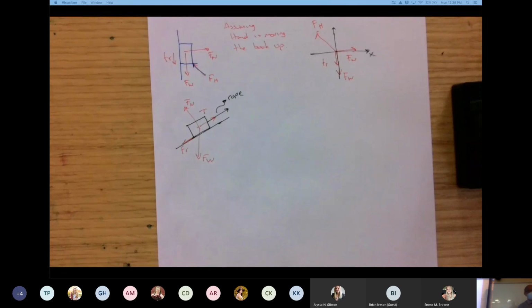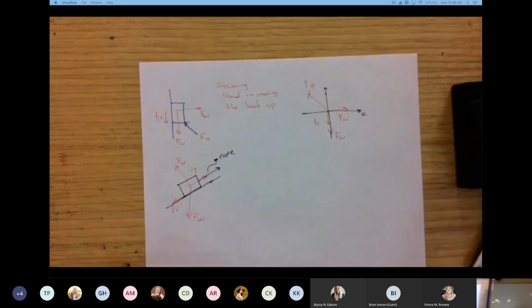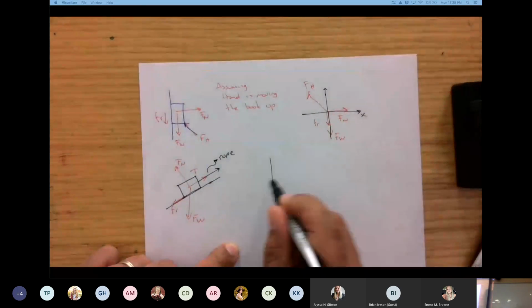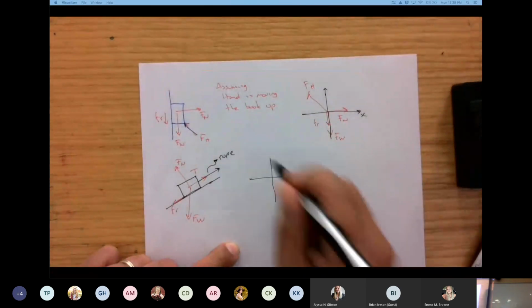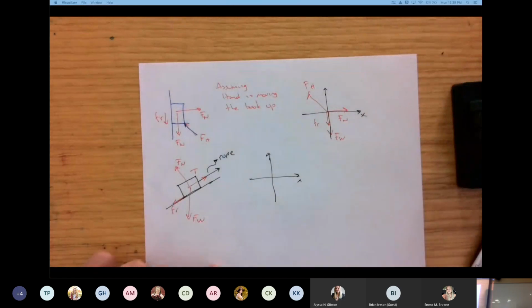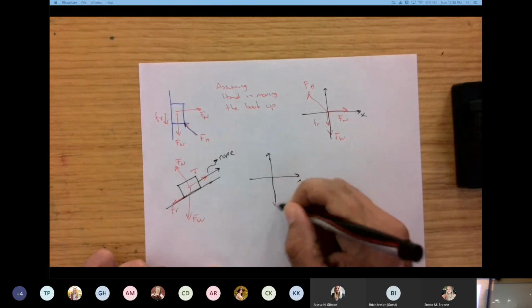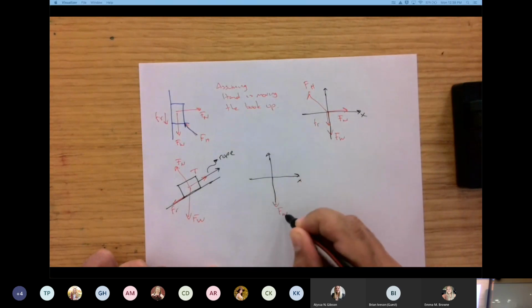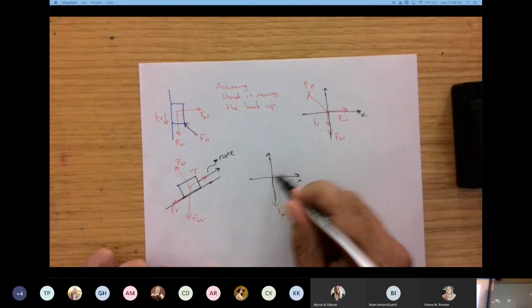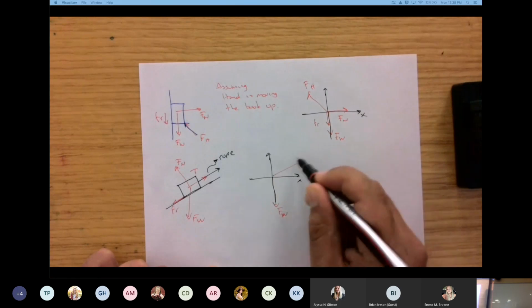So now what we need to do is to draw the free body diagram. And in order to do the free body diagram, I'm going to do X and Y. And this is what most of you did. So I have X and Y. I'm going to have the force of weight going down. And then you have the rope, sorry, the tension.